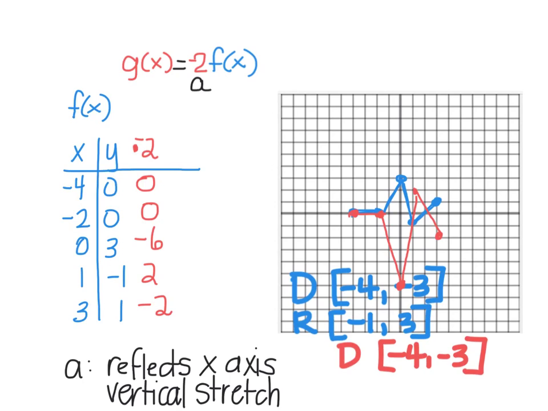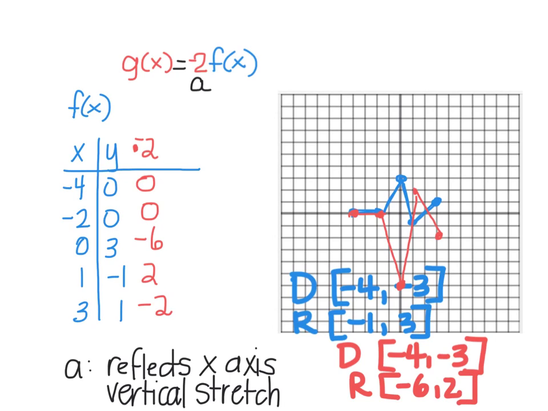What about the range? The range is going to be bottom to top. Always start with your smallest number, so -6 to +2. So my range is going to be -6 to +2.